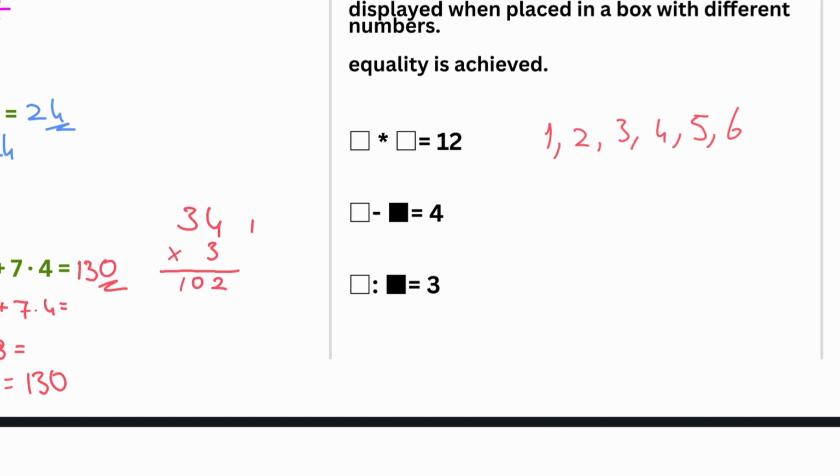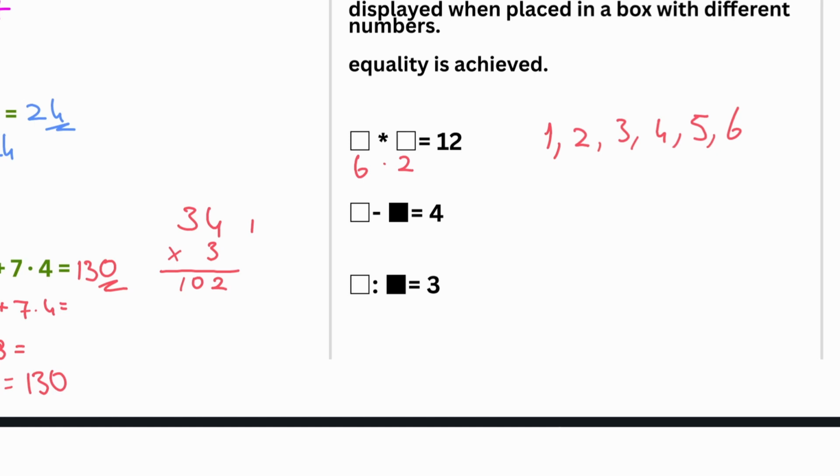So for 12, 6 times 2 and 4 times 3 would give us 12. So we could just plug in. Let's say that this was 6 times 2. To get 4, we could subtract 2 from 6 and then 5 from 1.